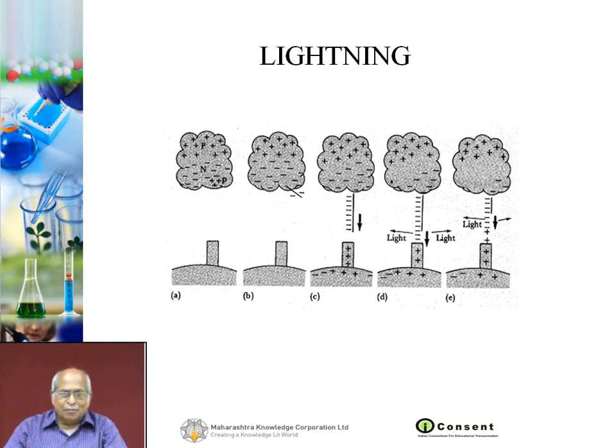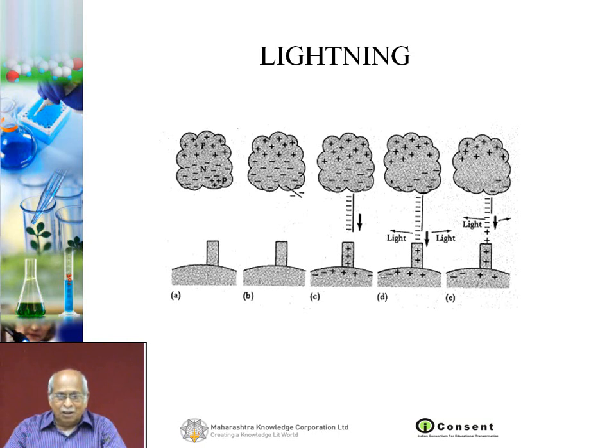So in the first figure, say figure A, you see a cloud. Distribution of charge in the cloud is rather complex. If you see carefully, there is large positive charge denoted by capital P on the upper end. Large negative charge denoted by N on the lower end.